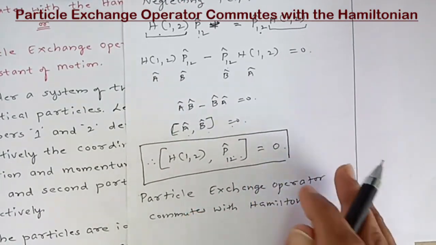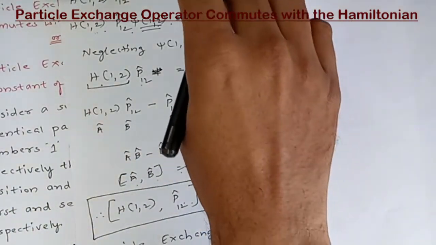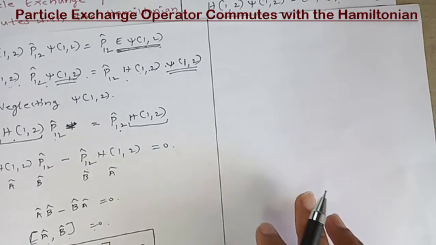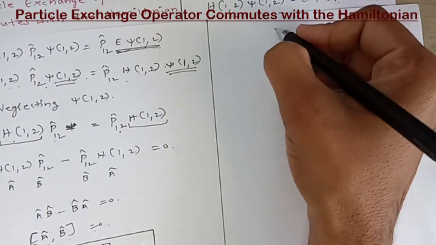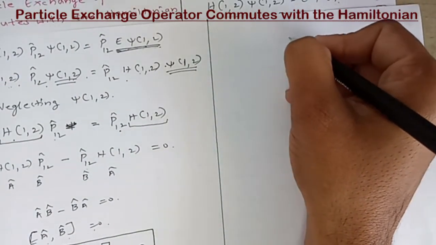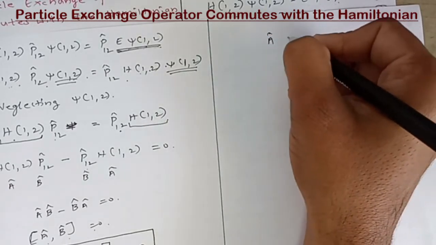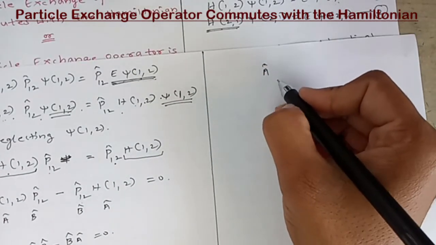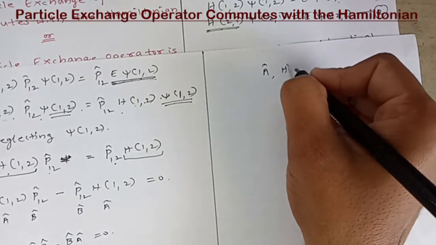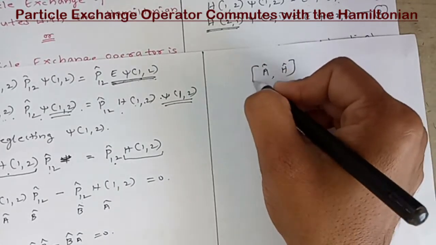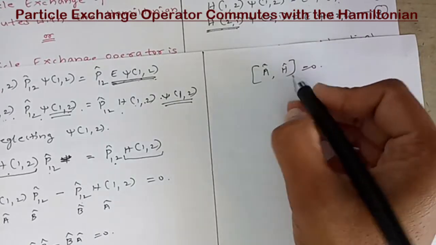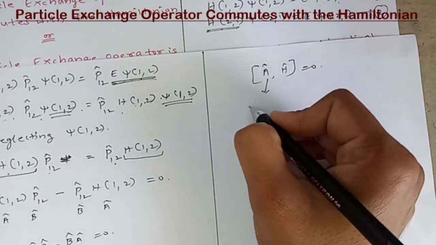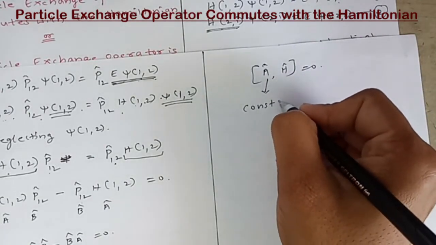This can also be stated another way: if any operator A commutes with the Hamiltonian, then that operator is called a constant of motion.